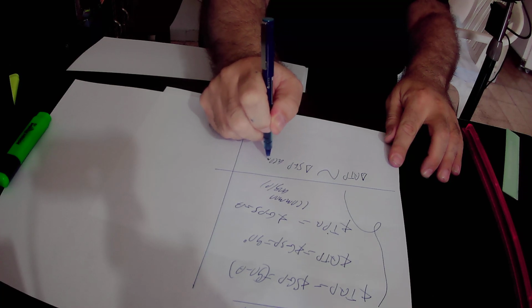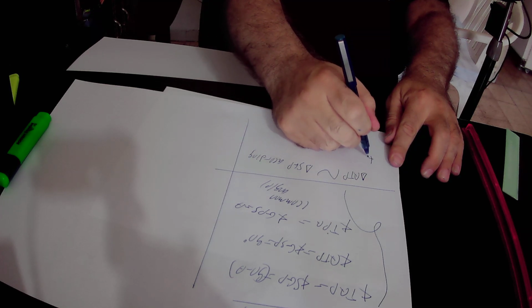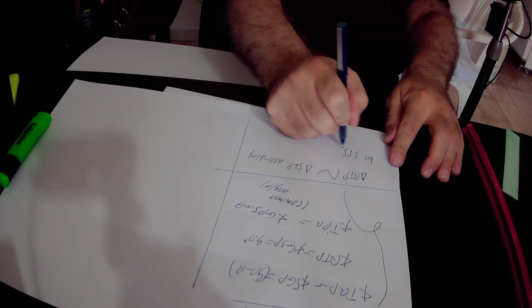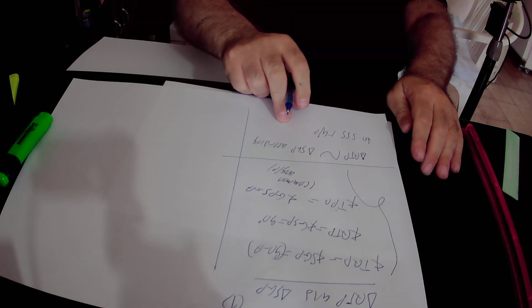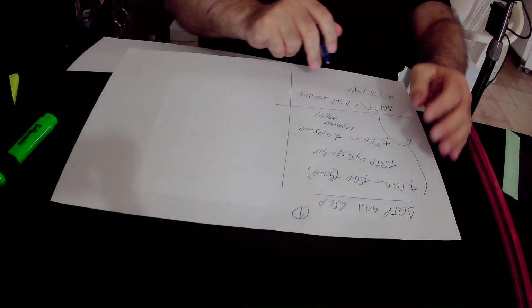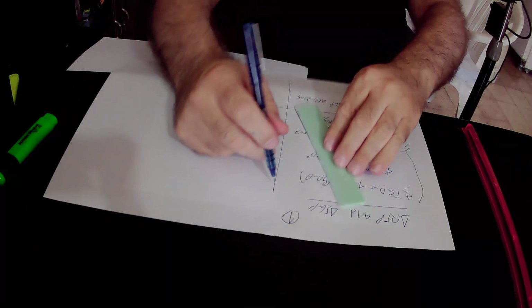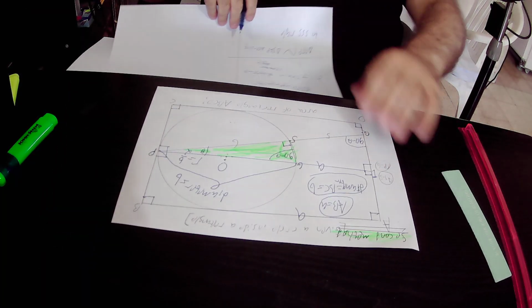And for the fact that the big right triangle is similar to the green small right triangle, we conclude that the following relationship exists between their sides.